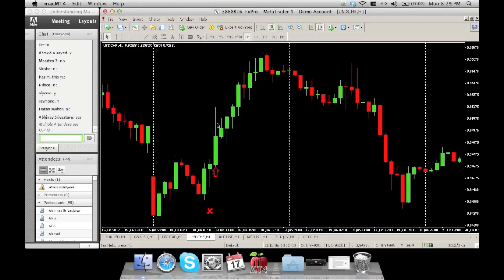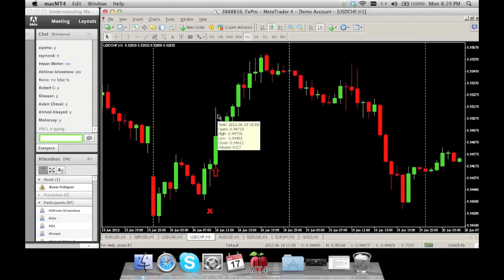Let's say this particular candle closed, and we are here. We had a higher low, higher low, and a higher high, and a higher high. We can clearly see the market's in an uptrend. So we have a trend.